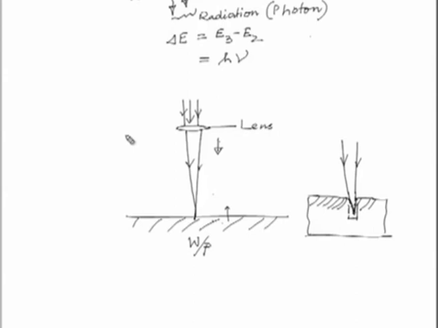This possibility is there in case of LBM, and therefore, if the application is for precision products, then this may not be a very suitable process to be used for cutting or drilling micro holes.